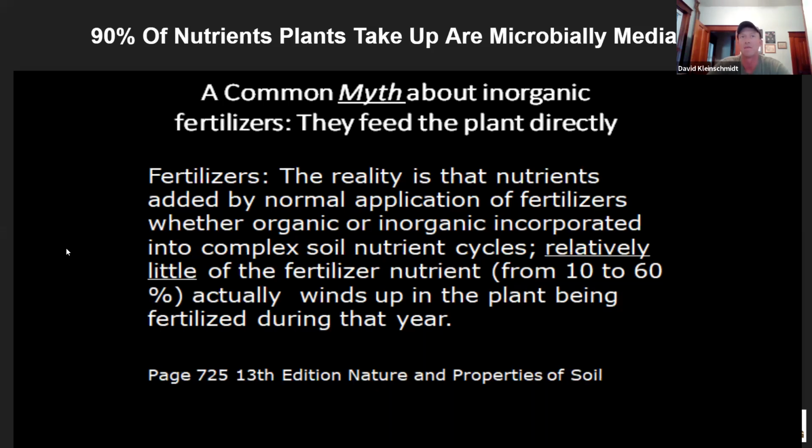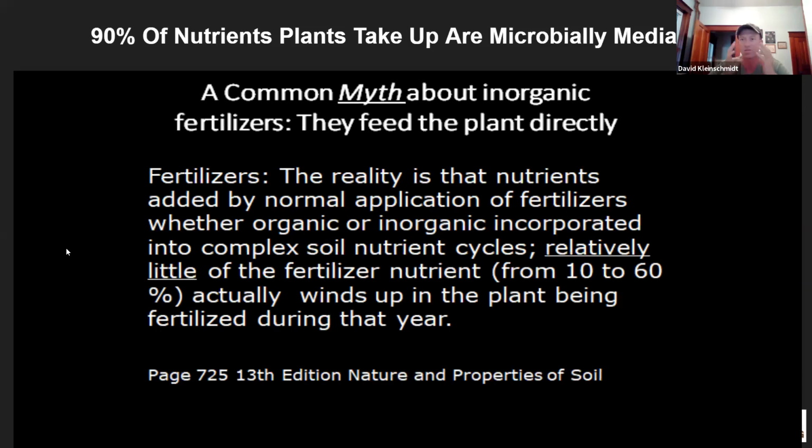But we also have to understand, especially with phosphorus and potassium, and other nutrients besides that, but let's just pick on phosphorus, for instance, up to 80% of phosphorus can be tied up in the soil colloid as well. So only 20% of what we apply might be available to that plant that year.